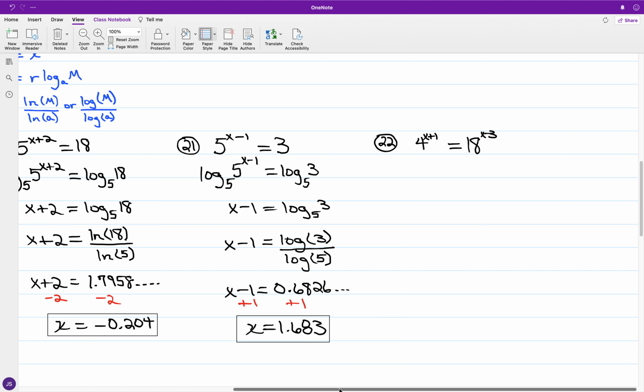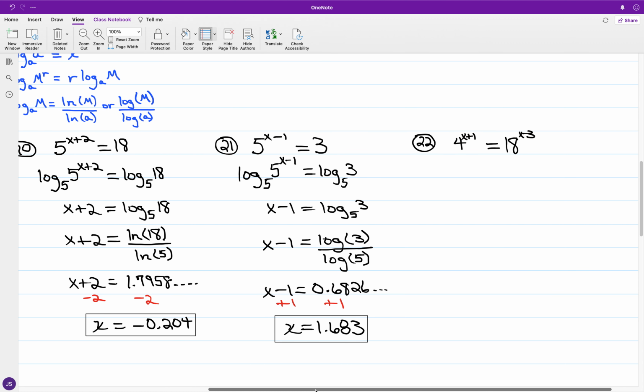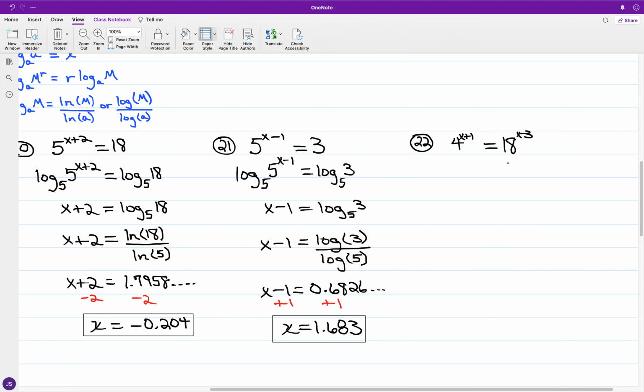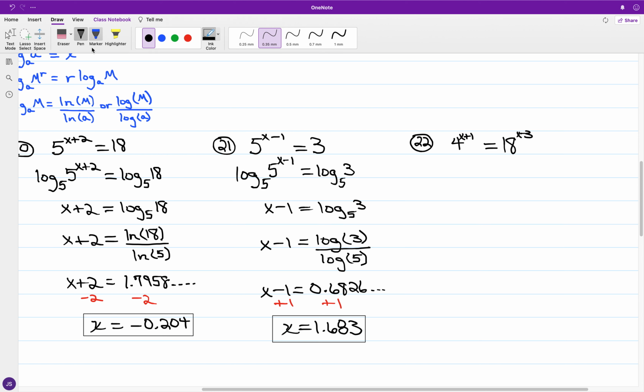Okay, so if you have x on both sides of the equation in exponential position, there's not really going to be any advantage in taking a logarithmic base if the base doesn't appear in the calculator to begin with. So in this situation, you can either apply natural or base 10 logarithms to both sides, and we'll go with LOG.